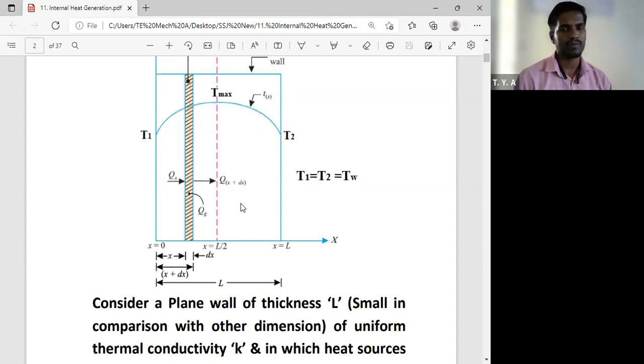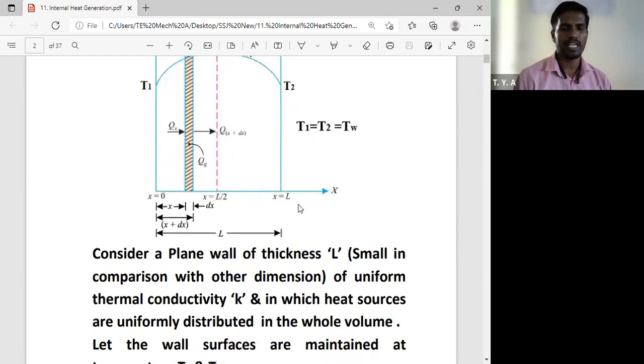That is K. Consider a plane wall of thickness capital L of uniform thermal conductivity K, and in which heat sources are uniformly distributed in the whole volume. So whatever the volume of that plane wall, we have distributed the heat sources.